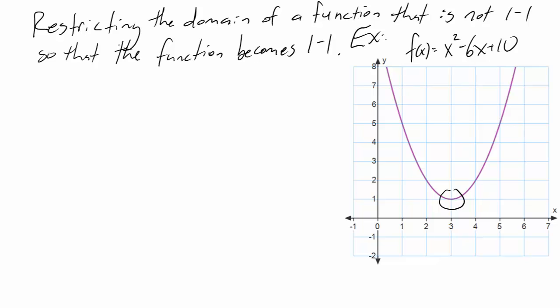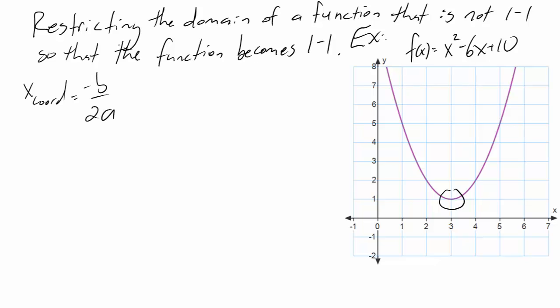We want to verify that either using your graphing calculator by entering in y equals x squared minus 6x plus 10 and finding the vertex using the local min feature, or optionally you can use the formula for finding the x-coordinate of the vertex, which is negative b over 2a.